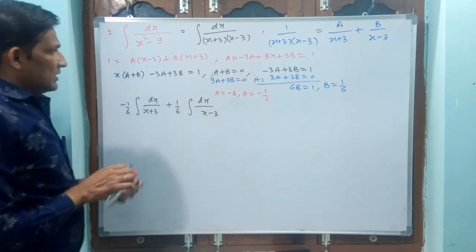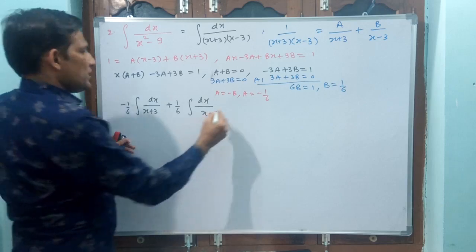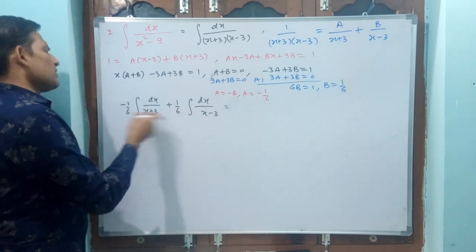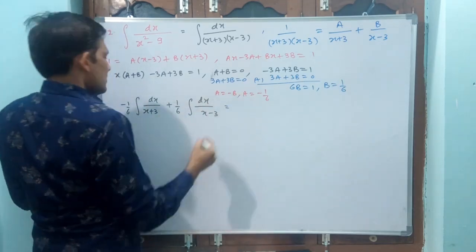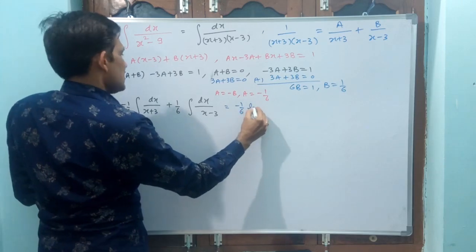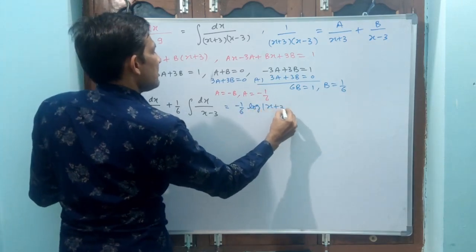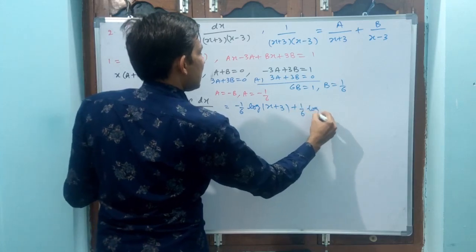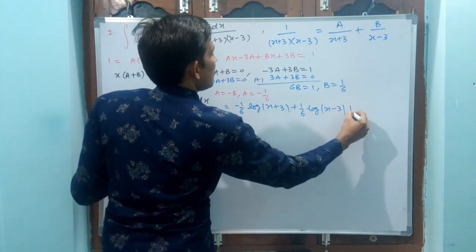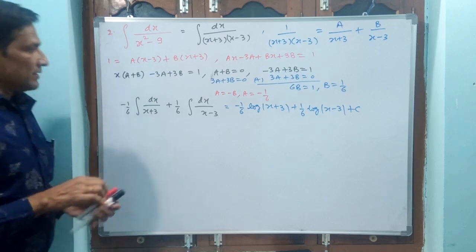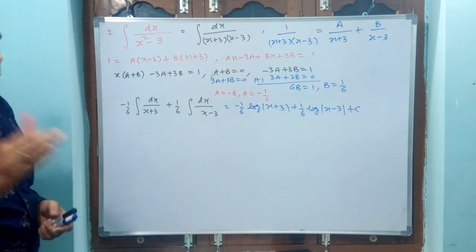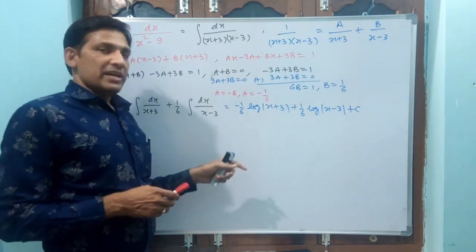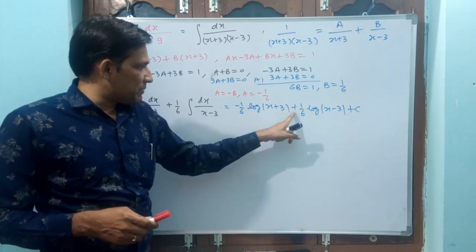Okay, then what will be the answer? First I am writing, anyway afterwards we will make it: minus 1 by 6 log x plus 3 plus 1 by 6 log x minus 3 plus c. Now you see, 1 by 6 common is there, you take common, and this is plus, this is minus.